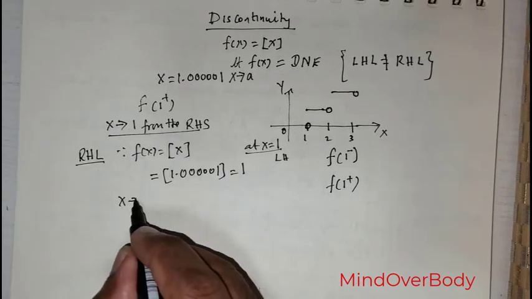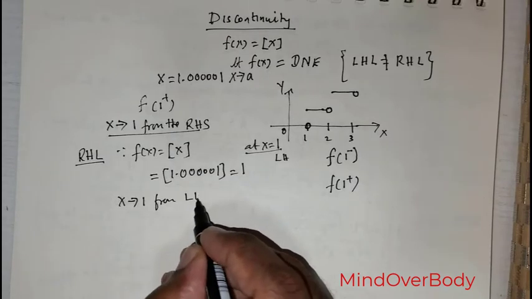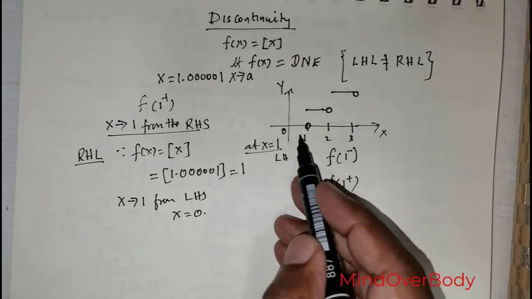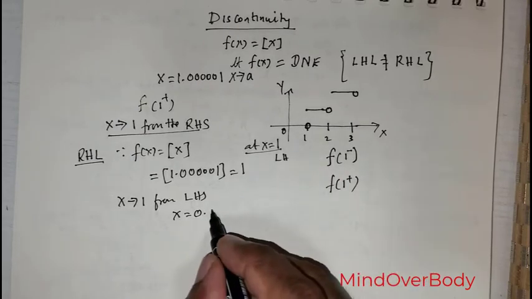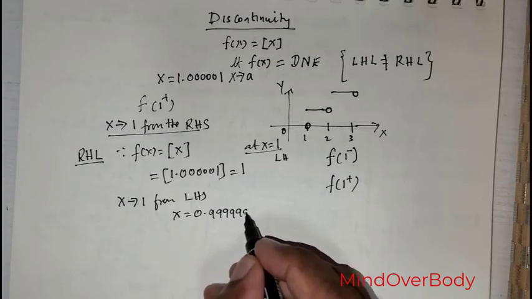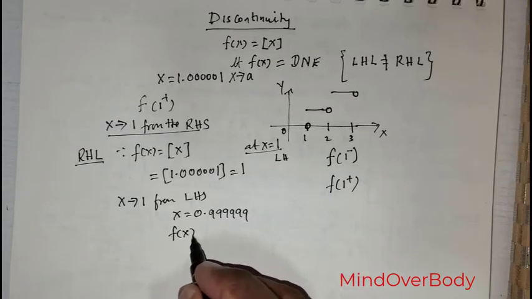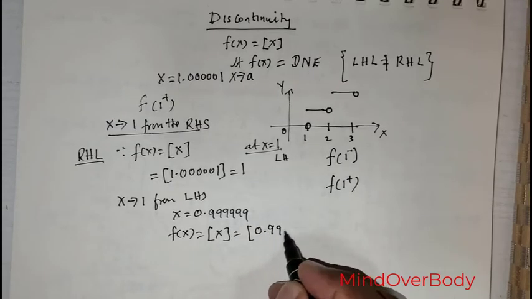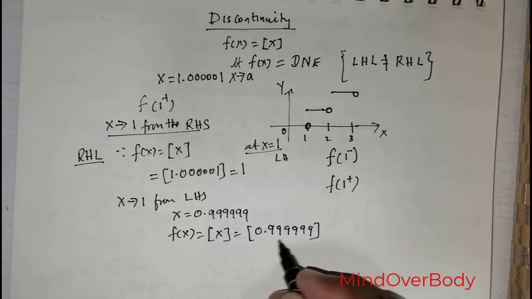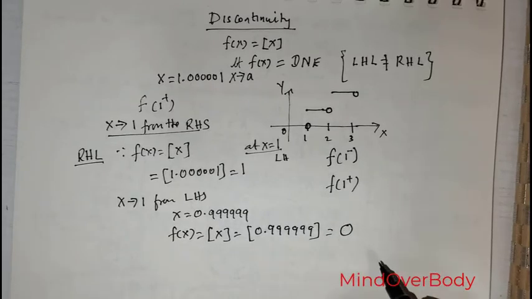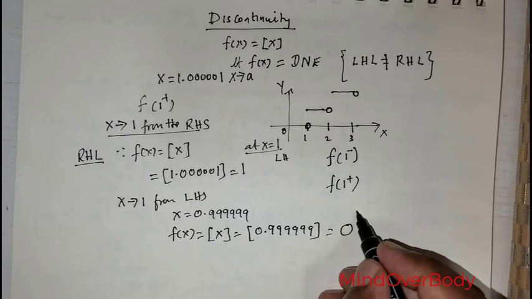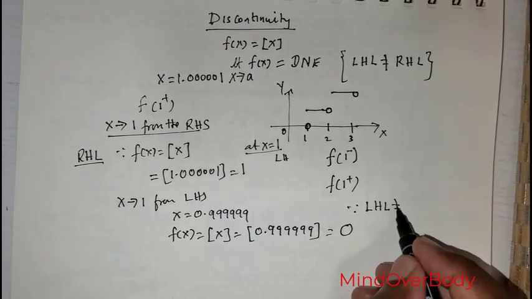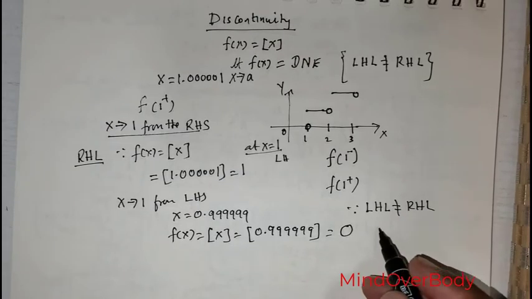Now if x approaches 1 from the left hand side, I have to take a value of x which is very close to 1 from the left hand side, so it's going to be 0.99999, and f of x is going to be the greatest integer of 0.999999, and that is nothing but 0. So clearly you can see that the left hand limit is not equal to the right hand limit, so that means the limit doesn't exist.